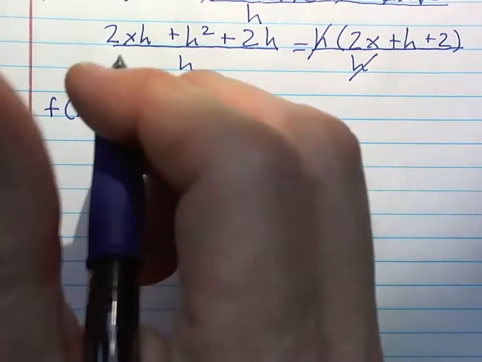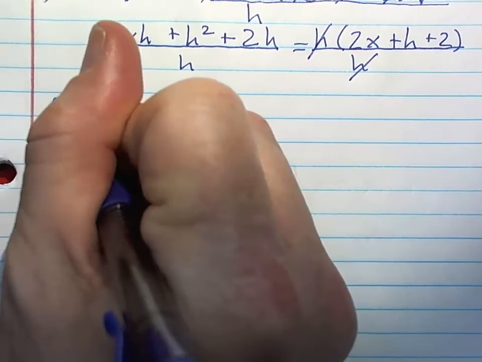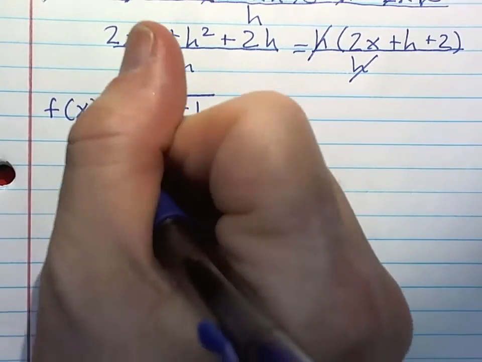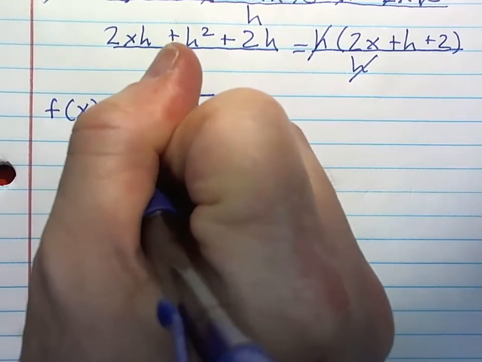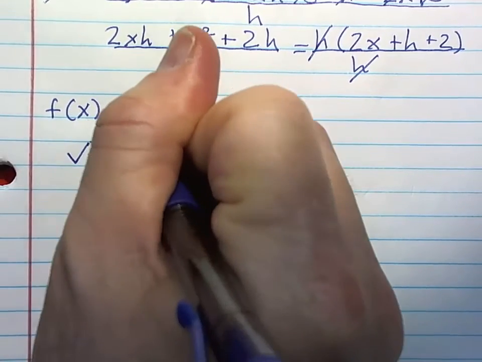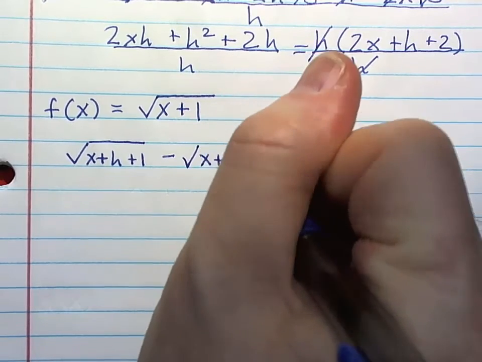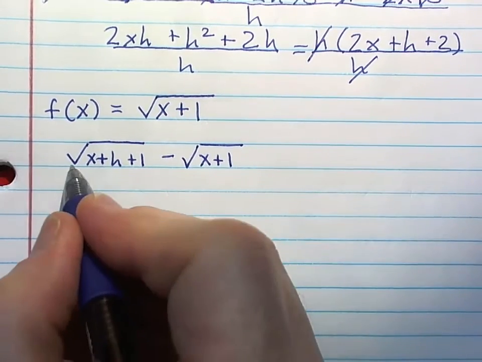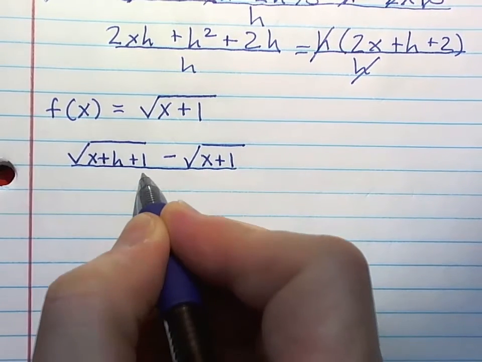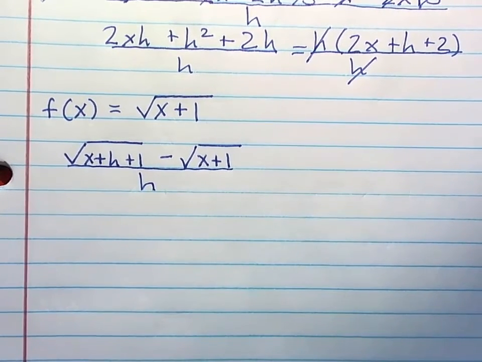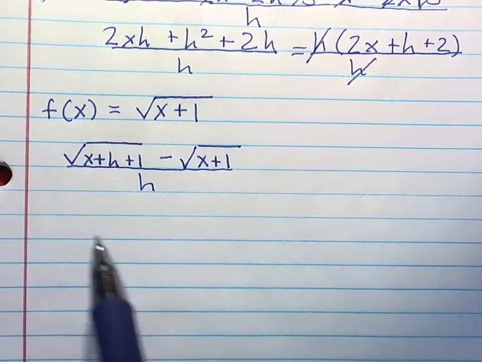Okay, so let's set this up. Here's the difference quotient. In place of x, I'll put x plus h, minus just the function, all over h. Now, this is the initial setup.